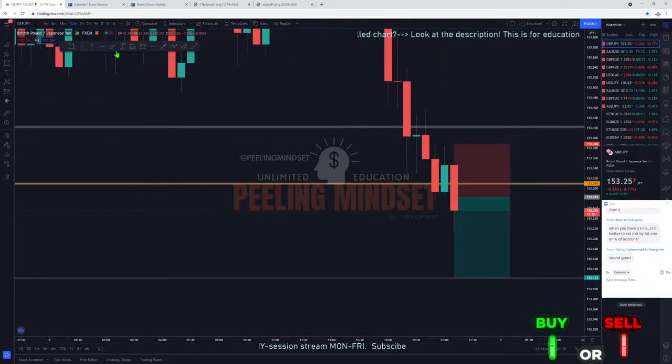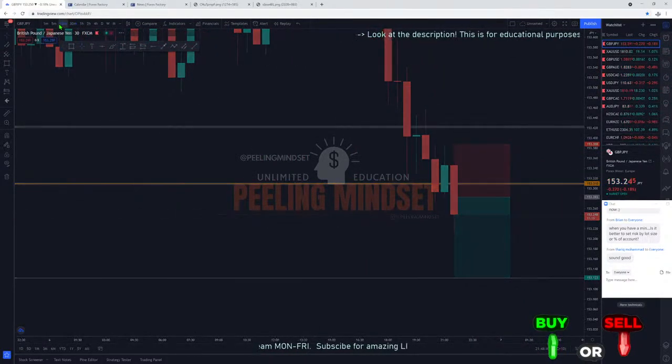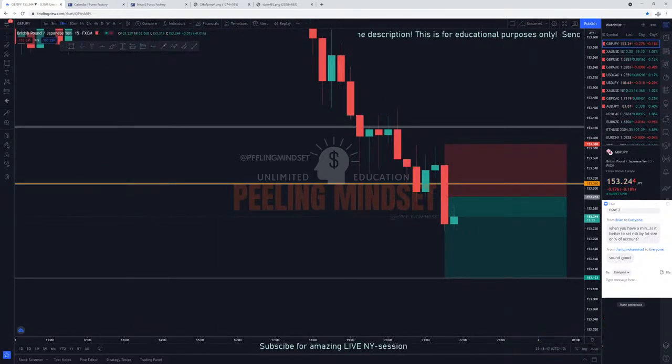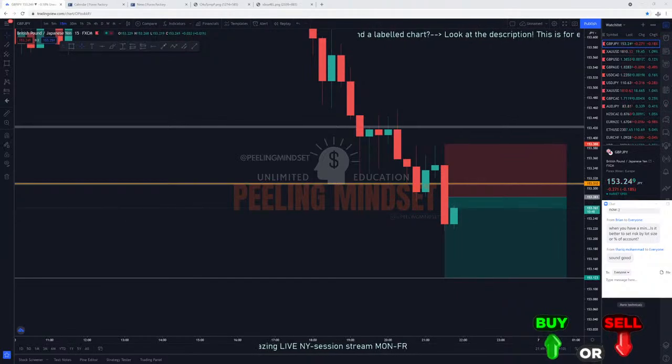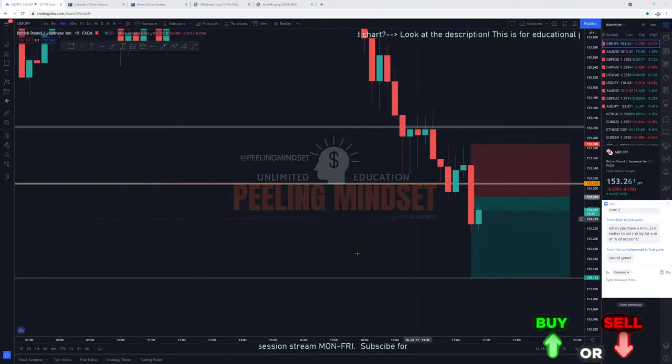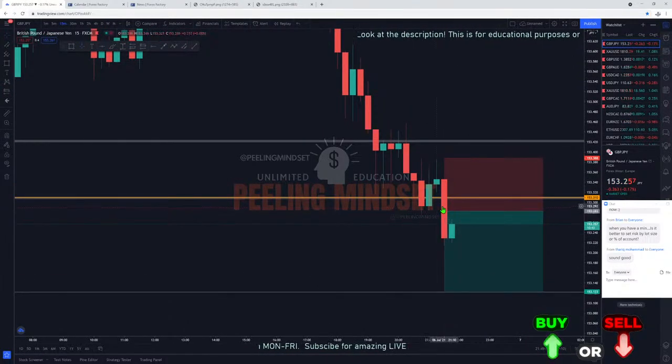Let's see. Previous 15-minute candle close below the recent 15-minute support.